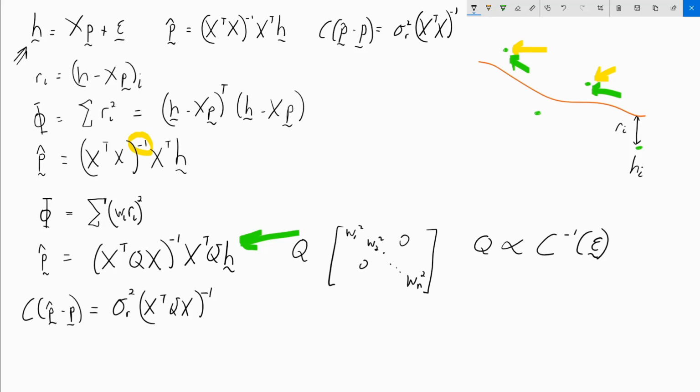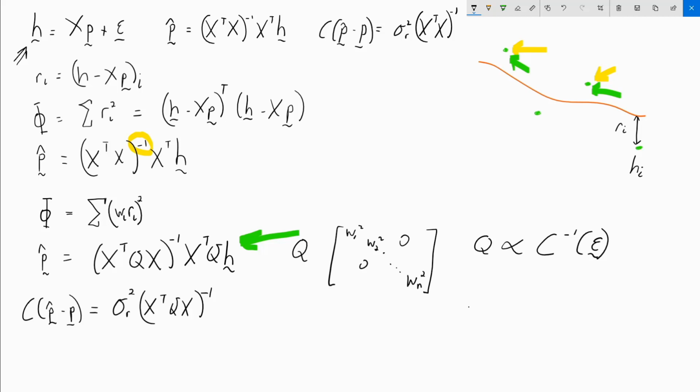In practice, what this means is that I use higher weights when the noise is less, lower weights when the noise is higher. Ideally, the weight associated with each observation should be the inverse of the standard deviation of measurement noise associated with that observation.